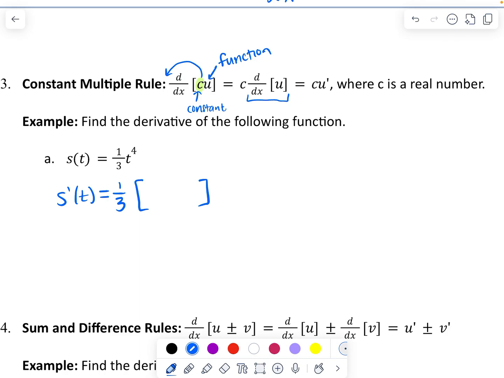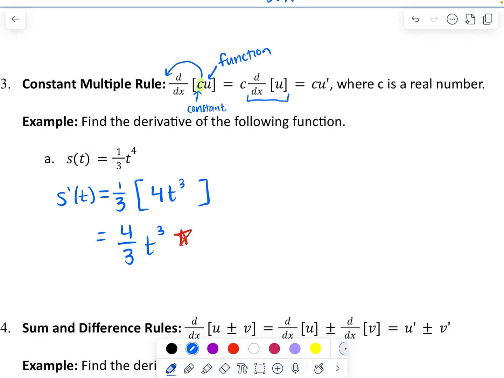Okay, so the constant is unchanged. Now we're doing the derivative of t to the 4th power. That will be 4t cubed, and then squish it together. 4/3 t cubed. So typically, we're going to get comfortable going straight to this step if there is a constant multiplier in front, you don't need to show that first step that I wrote.